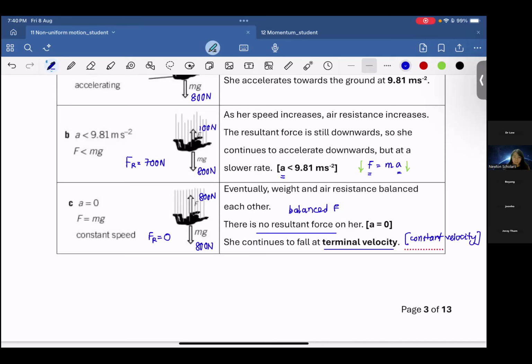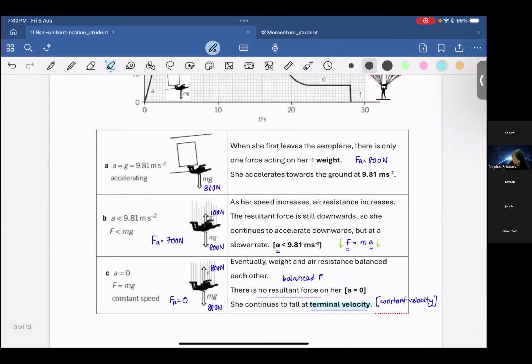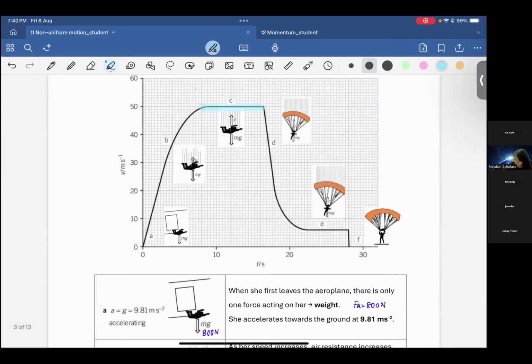So the 800 Newton is the weight, and the air resistance pointing upward is also 800 Newton. At this moment, the object is moving with constant velocity. Here, we have a special name for this constant velocity. We call it terminal velocity.